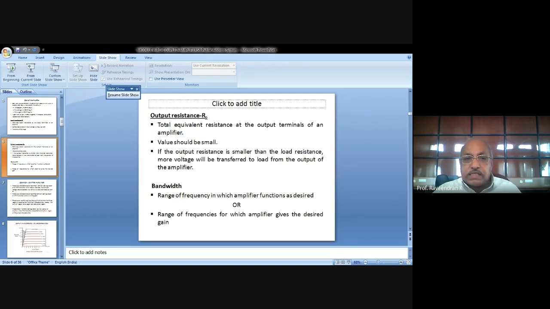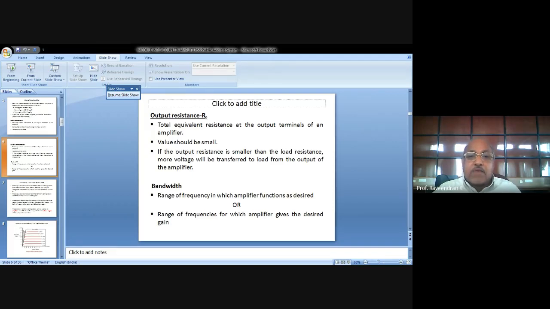Here VCC is dropped across this resistor, so this is positive, so this is P and this is N. So this PN is connected properly with the biasing. So this base emitter junction must be forward biased. In other words, for CE configuration, the base emitter junction must be forward biased and the collector base junction must be reverse biased, and that is ensured by this connection.